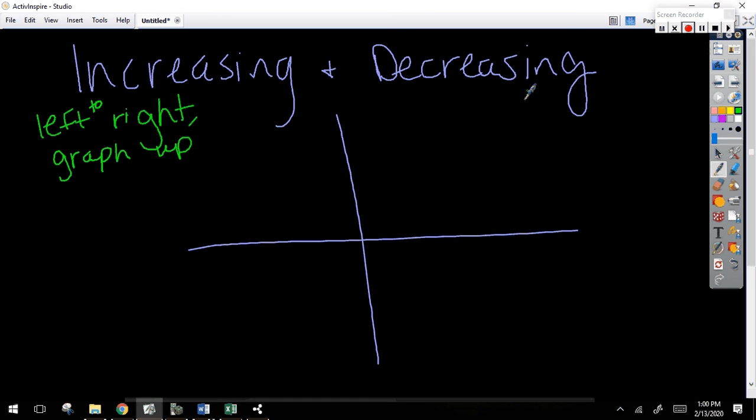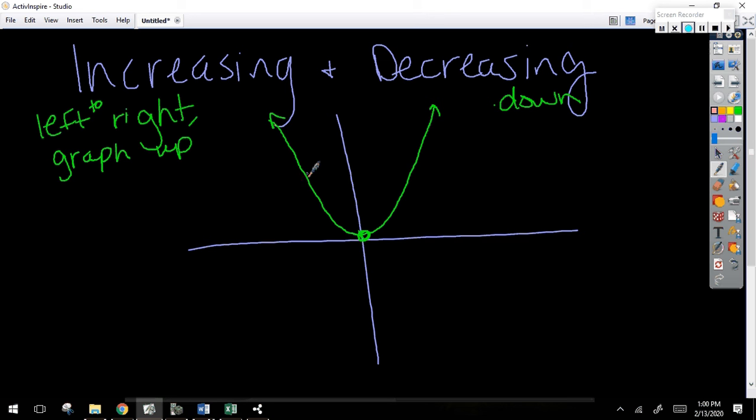As you move left to right for decreasing, the graph goes down. Here's my parabola. Vertex at 0, 0. Starting from the far left, as I move from the left to the right, is the graph going up or down?